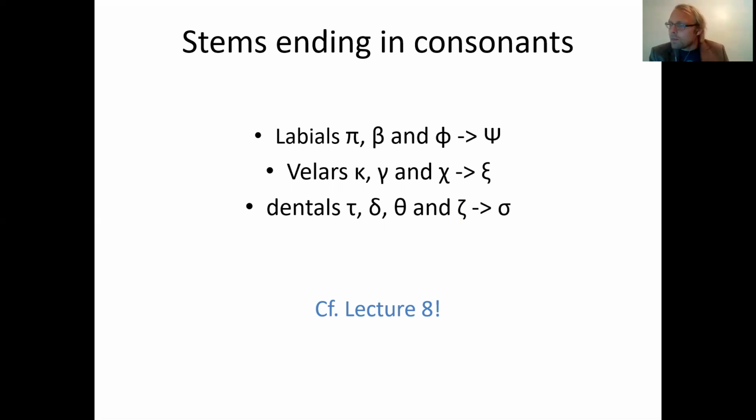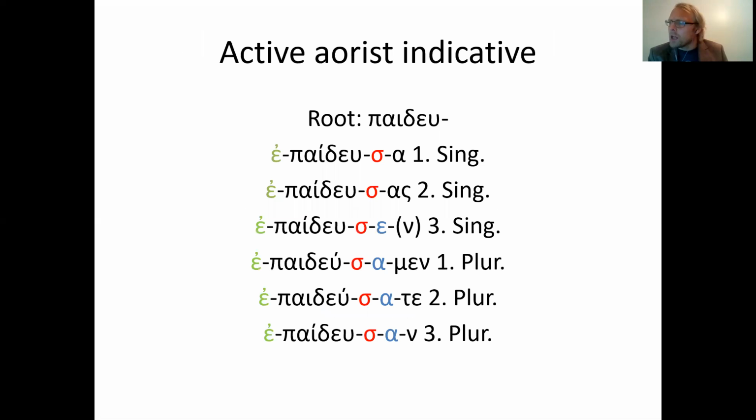Okay, fine. Let us turn to the first full paradigm of today then, which is that of the aorist active indicative. Here we have epaideusa in the first person singular, epaideusas in the second person singular, epaideusen in the third person singular, epaideusamen in the first person plural, epaideusate in the second person plural, and epaideusan in the third person plural.